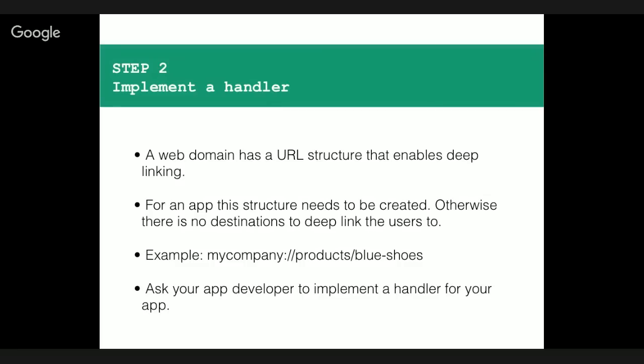In the third bullet point, you'll see the example from the previous slide where we defined the scheme, My Company. In the example, you can see that the handler looks a little bit like a URL, or resembles it a lot at least. And again, you need to ask your app developer for a little bit of help here.